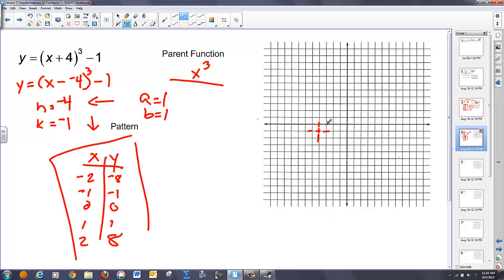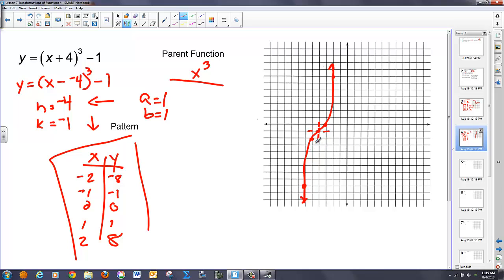So I'm going to go over 1 and up 1, over 2 and up 8, go over 1 and down 1, go over 2 and down 8 from that new origin point, and graph the function.